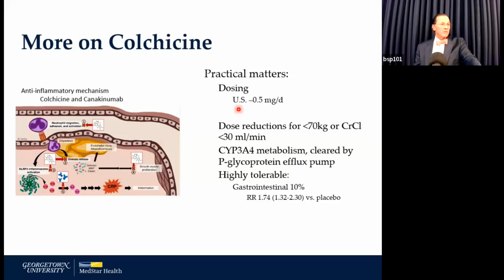It's a single dose of 0.5 milligrams of colchicine per day. The reason the FDA approved 0.5 is because the dose reductions for renal disease are less than the 0.6 dose you use probably right now for gout. This is a new dosing of 0.5, and it's specific to cardiovascular disease. It's not the 0.6 that we've been using because that's all that's been available.